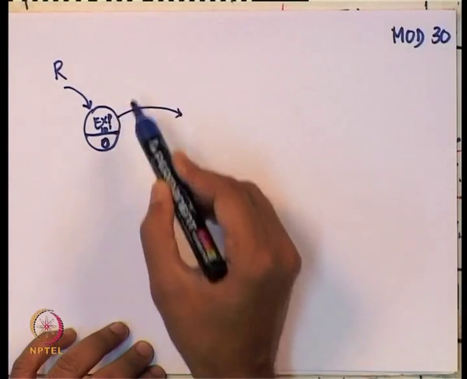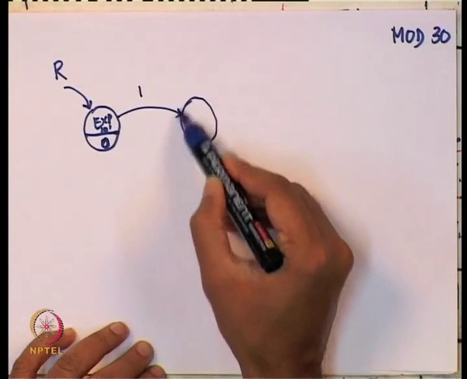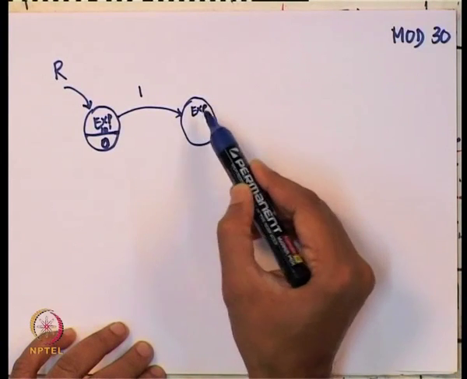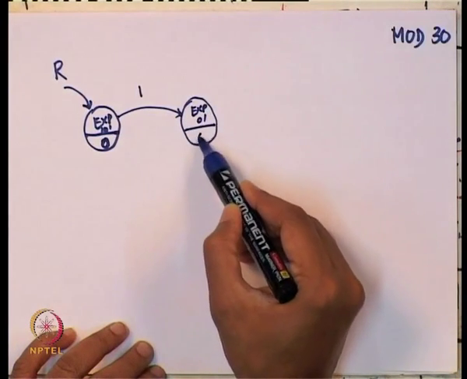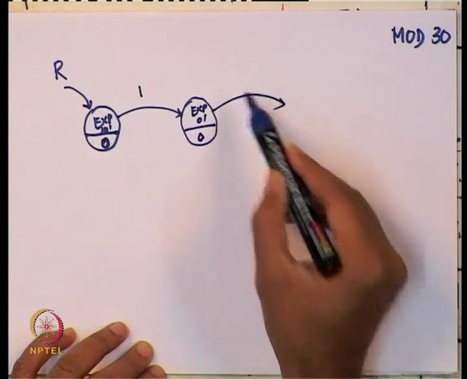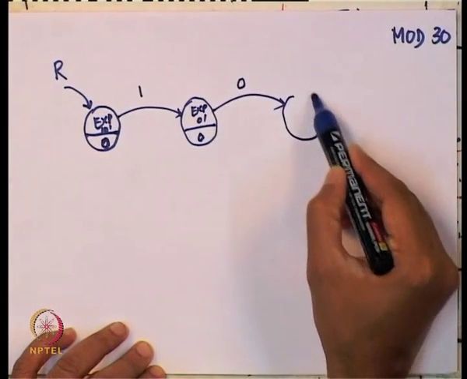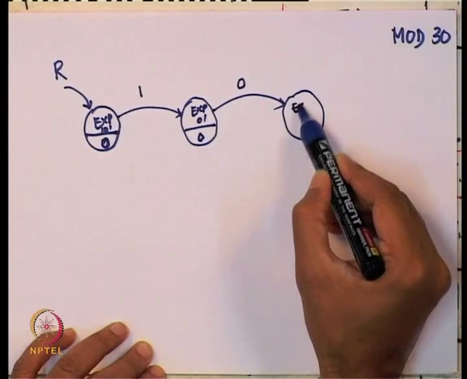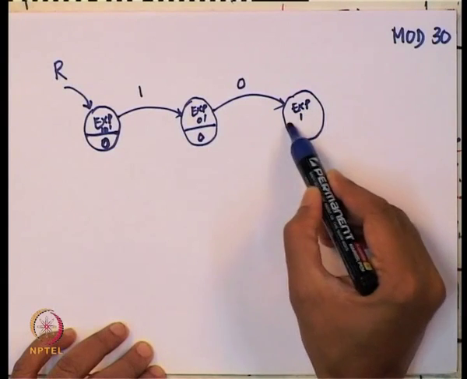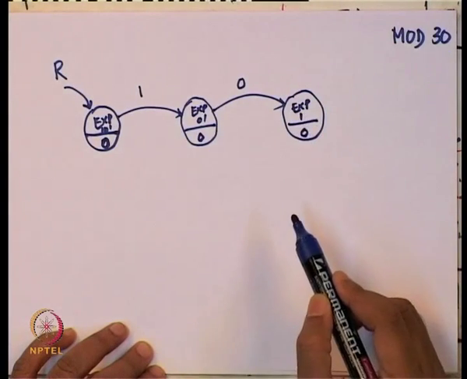Now if I get a 1, then I will go to the state expecting 01, and the output is still 0. From here, if I have a 0, then I will go to a state which says expecting 1, and the output is still 0.